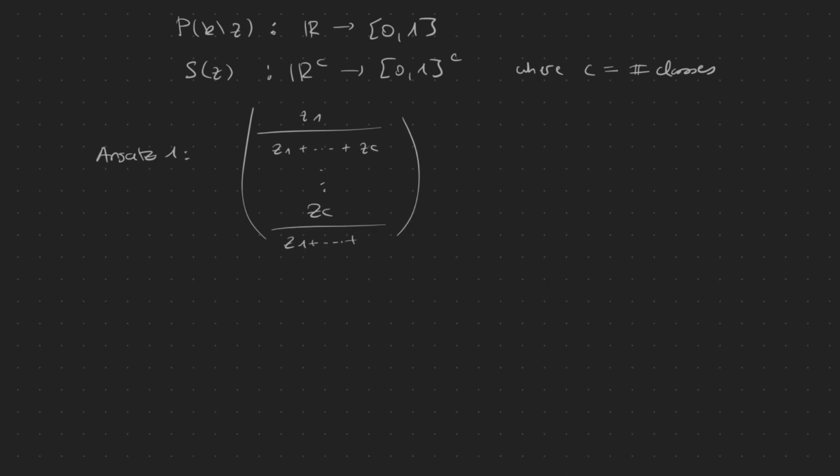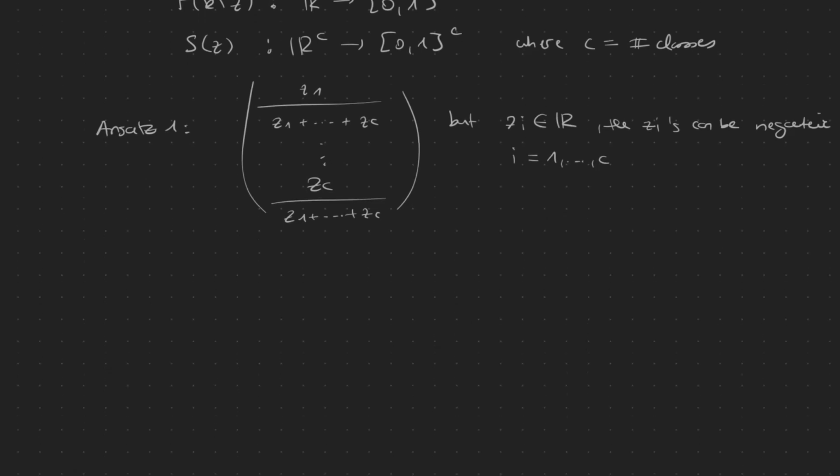But this has the problem that zi is an element of the real numbers. The zi's can be negative, with i going from 1 to c. And since zi can be negative, we don't have a probability here, but we need a probability.